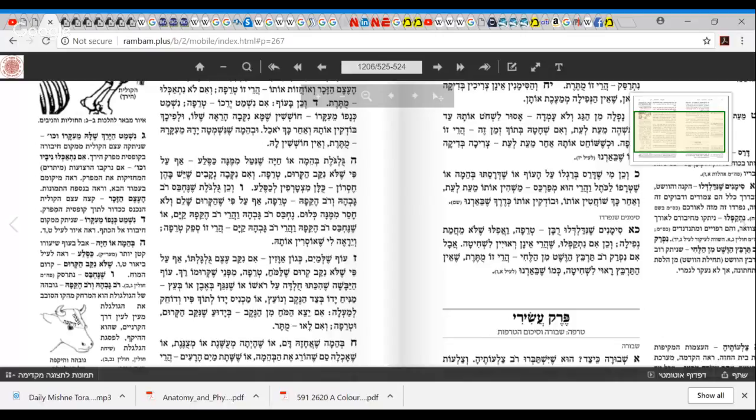Although in science today we say that there are three. There is the dura mater, which is the outer membrane, the arachnoid mater, which is the middle membrane, and the pia mater, which is the membrane that is closest to the brain.